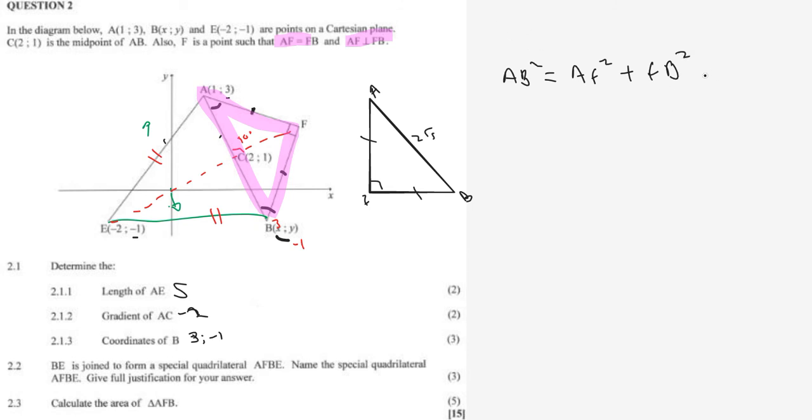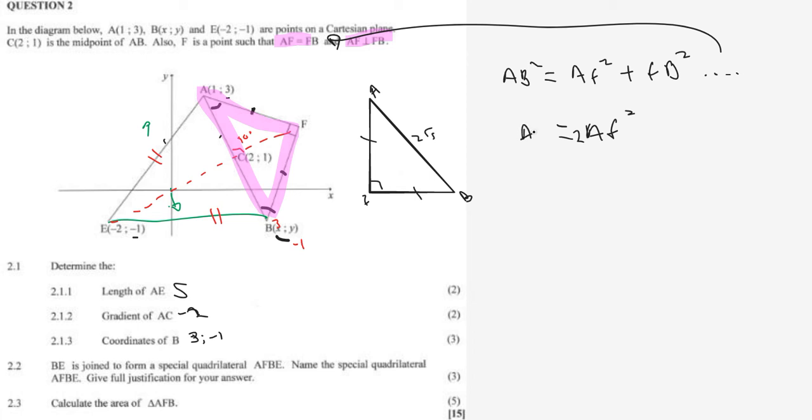But then you should say that, given that AF and FB are equal, we could just equate them or make them one variable. So I decide to call it 2AF squared, because they just add up. They are like terms because they are equal.